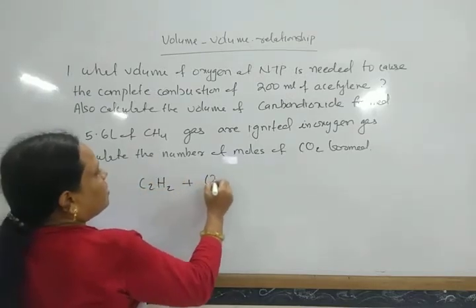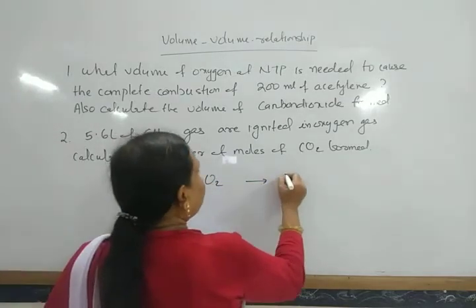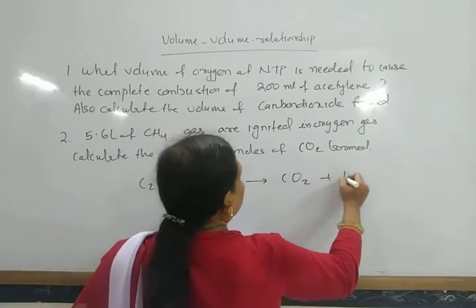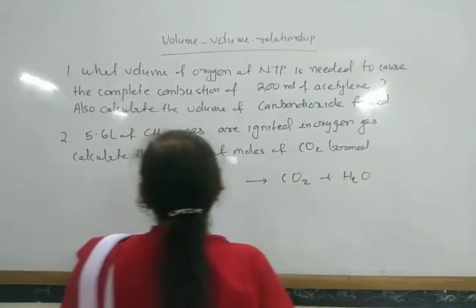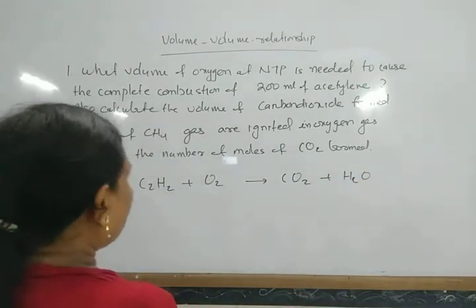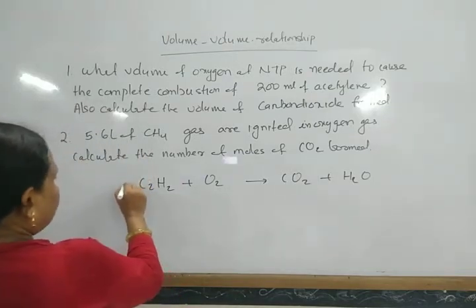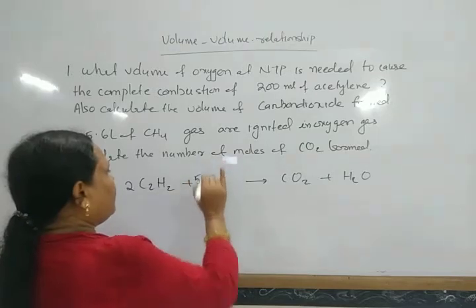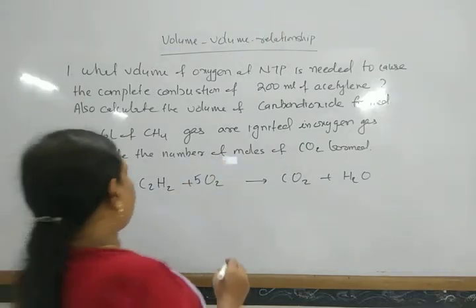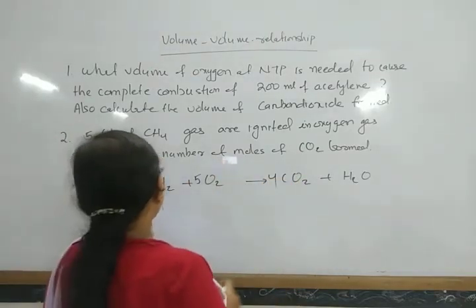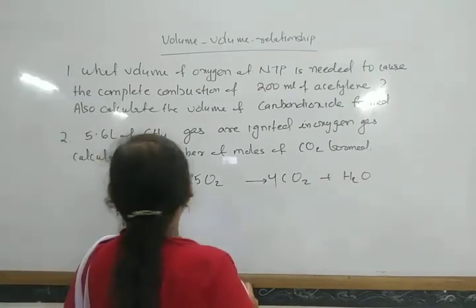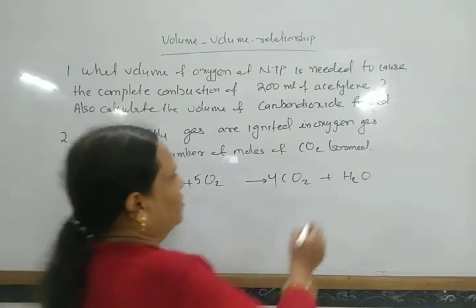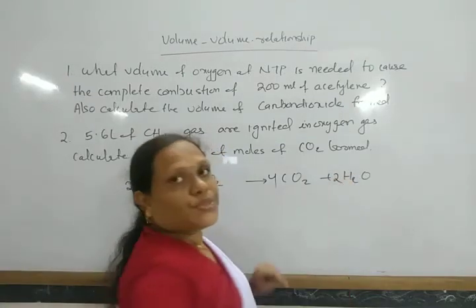C2H2 plus O2 gives CO2 plus H2O, and the balanced form of this equation is 2C2H2 plus 5O2 gives 4CO2 plus 2H2O.